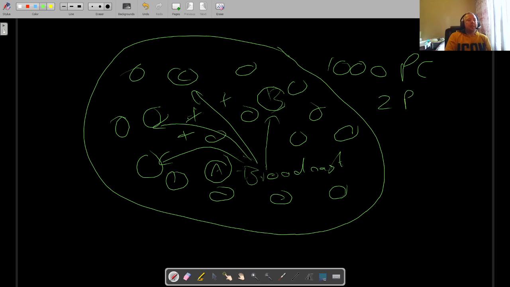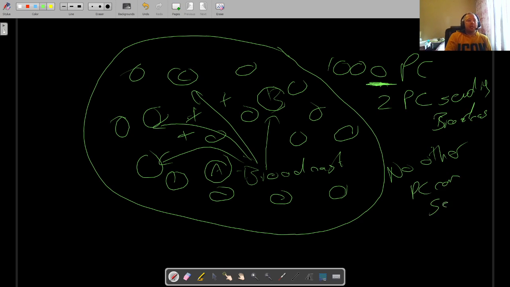If two PCs are sending data, let's say a broadcast, because remember, broadcast goes everywhere, that broadcast goes to all 1,000 computers. Now, what happens when that broadcast is traveling? It means that no other PC can send data, because remember, there is only one signal on the network.